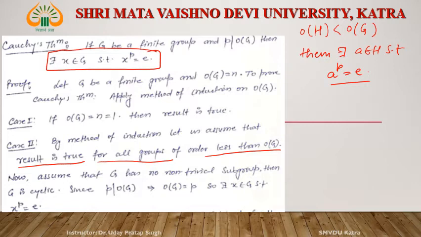Now assume two cases. G is a group. Then this group may be cyclic or not cyclic.